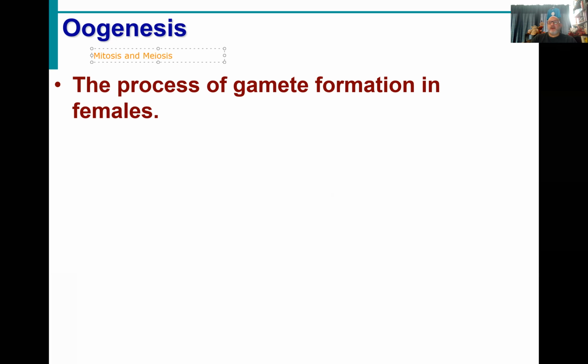Do we understand the processes of mitosis? Do we understand the processes of meiosis? Yeah, so we don't have to go over those again. We understand the basic concepts of those two. So instead, we can focus specifically on how these processes occur in females.